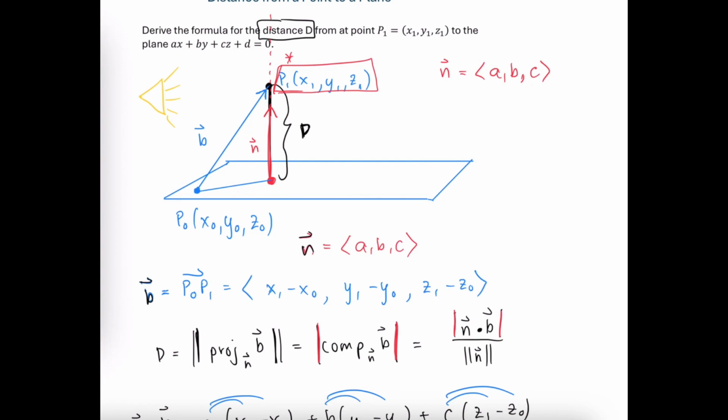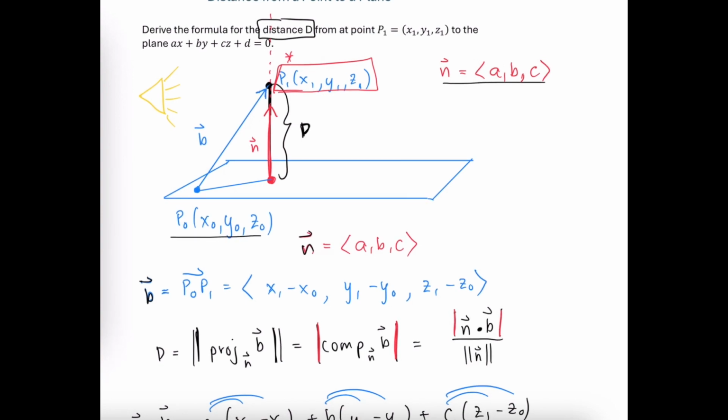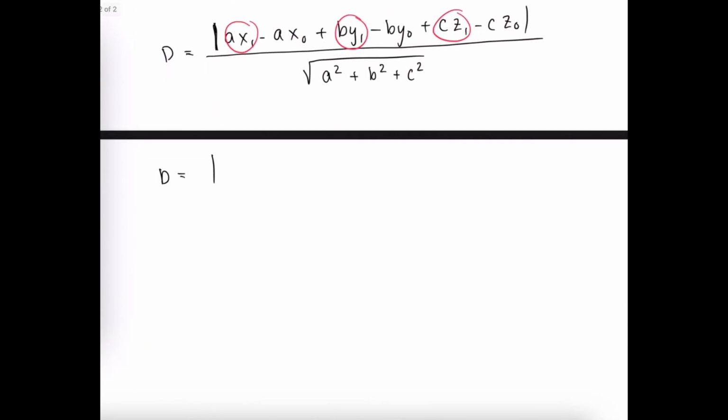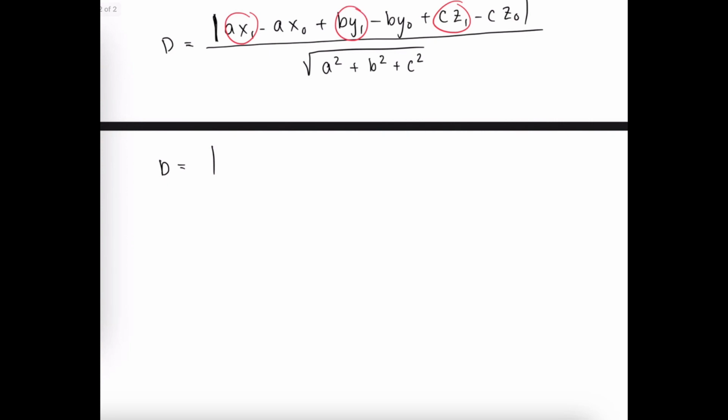So our plane being given means that a, b, and c values are constant, and a point that we selected in the plane is going to be a constant value. So these can be considered constants, whereas these values will be considered our changing quantities.